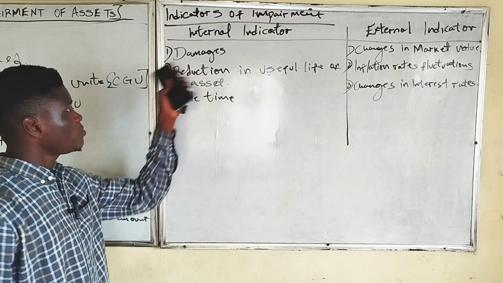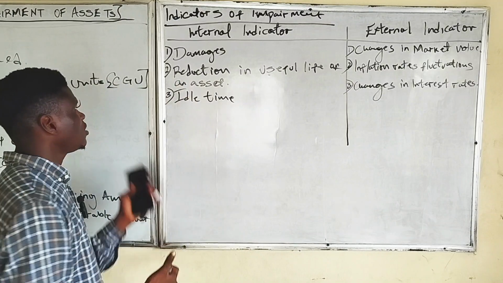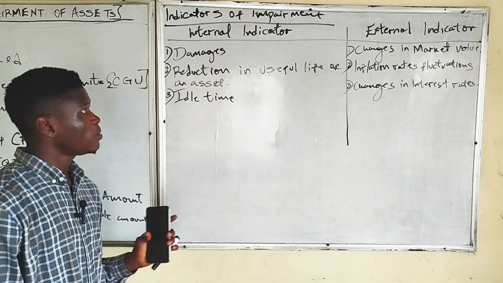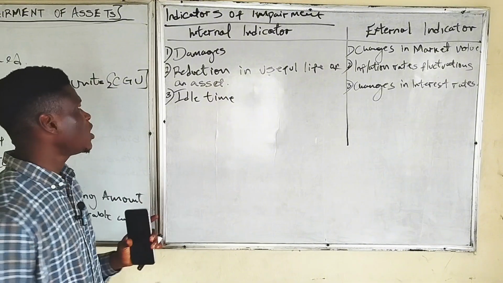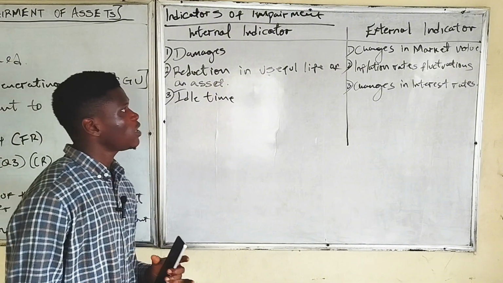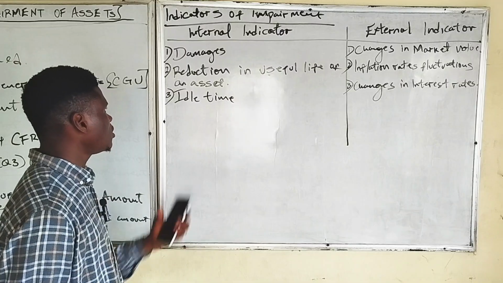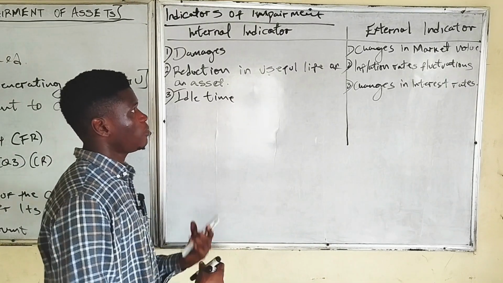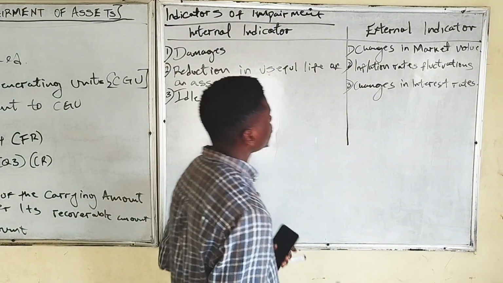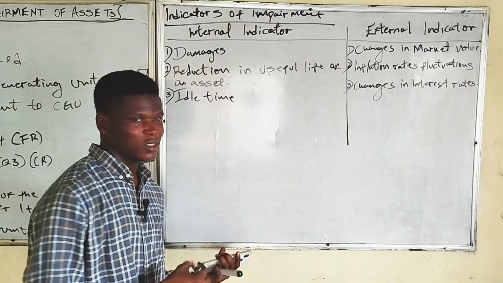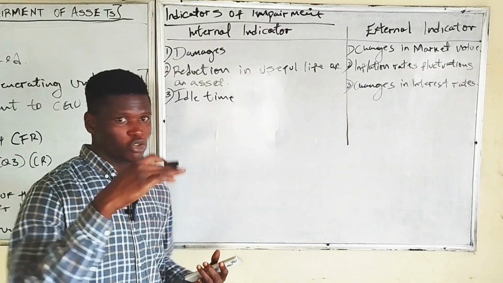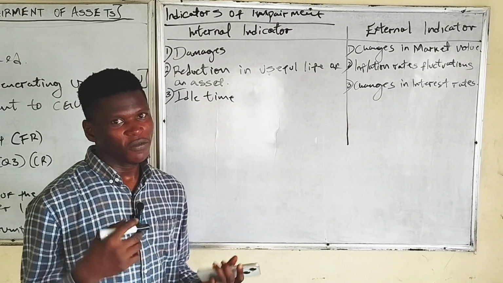So if there's a damage on any asset, then there's a probability that that asset will be suffering impairment, or there's probability that there will be an impairment loss on that asset. Also, if there's a reduction in the useful life of an asset, impairment may arise. If the idle time of an asset is actually large, impairment may arise. Then external indicator, if there's a change in the market value of an asset, then impairment may arise. For example, if the market value of an asset drops, then there is possibility of impairment.